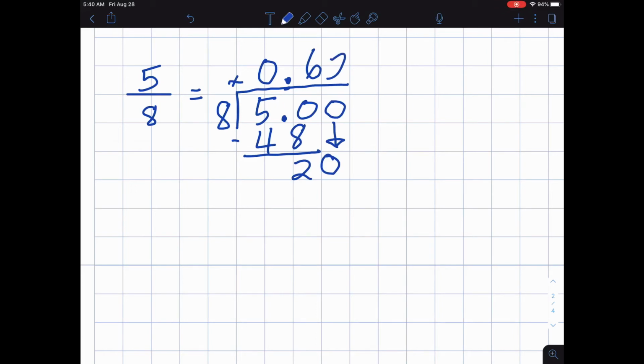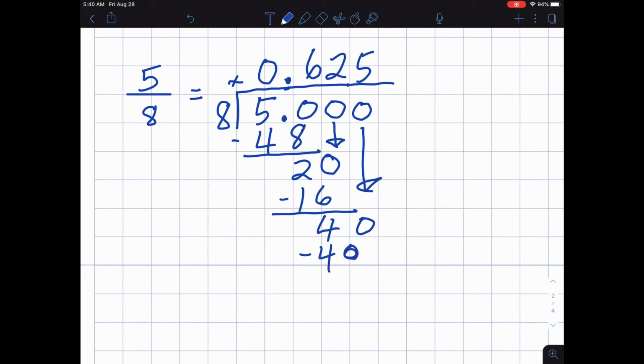That's simply 2. 2 times 8, that's 16. See, we're not done yet. There's another remainder 4. You borrow another 0, extend this division sign. That will be 40. What's 40 divided by 8? Now, that is 5. So now, you can finish your division with no remainders. So 5/8 is simply 0.625. Simple.